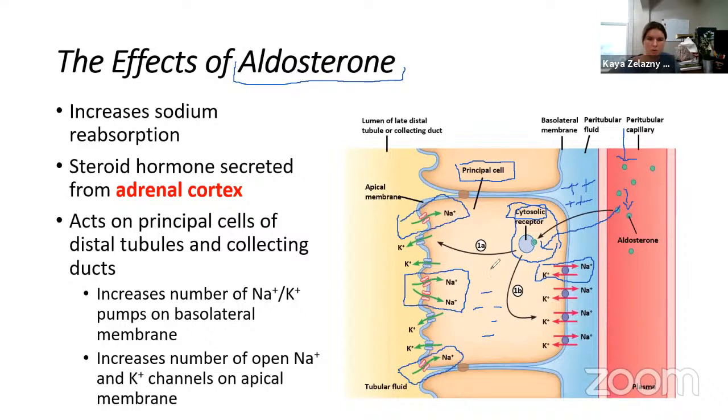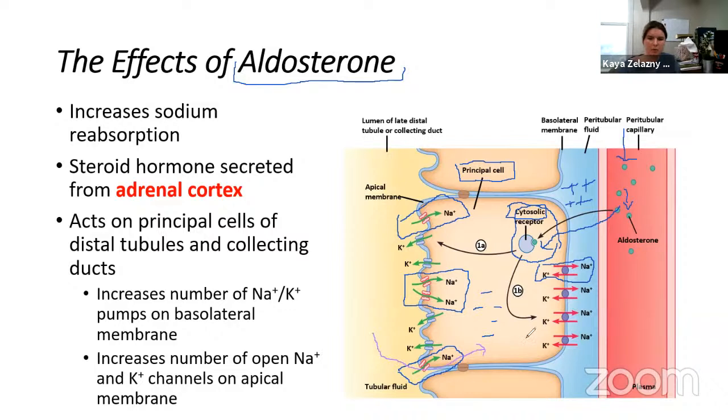Okay, so we have really lowered the sodium in the cell using this sodium potassium pump, which means that there's a really big gradient for sodium to flow into the cell, right? So we're going to have more sodium flowing into the cell, both because we have more transporters that allow for it, right? More of these open channels.